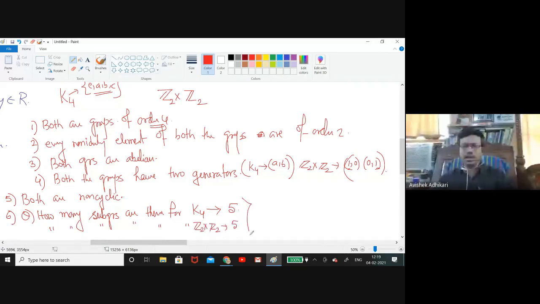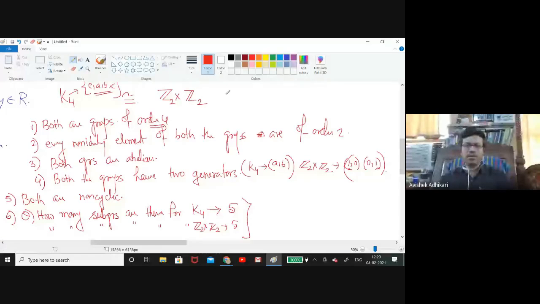So you can see that there are plenty of algebraic properties. Whatever property you think of with respect to this algebra, you find that both groups share the similar property. Mathematically, you can describe this as a group isomorphism.